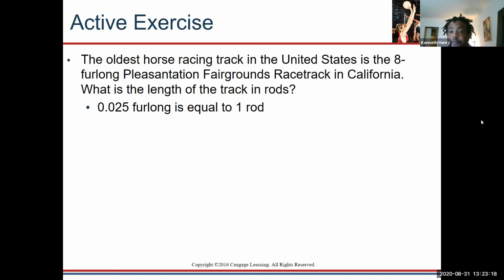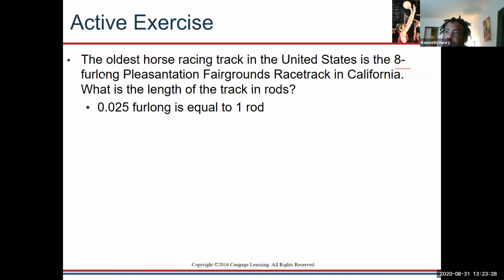So what's my given? 8 furlongs. And what do I want? The length of the track in rods. Okay, I want rods.